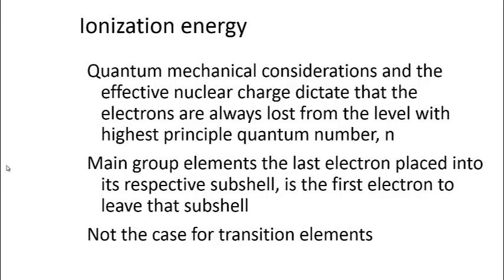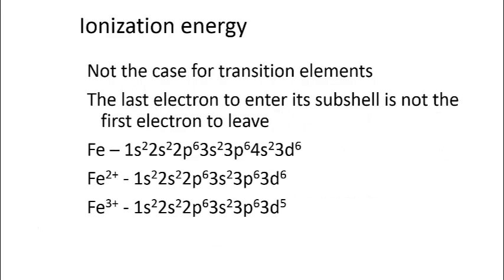But this isn't exactly the case, unfortunately, for transition elements. Transition elements tend to behave in a slightly different manner. That is to say that the last electron to enter its subshell is not necessarily the first electron to be removed, unfortunately. So let's take iron, for instance.